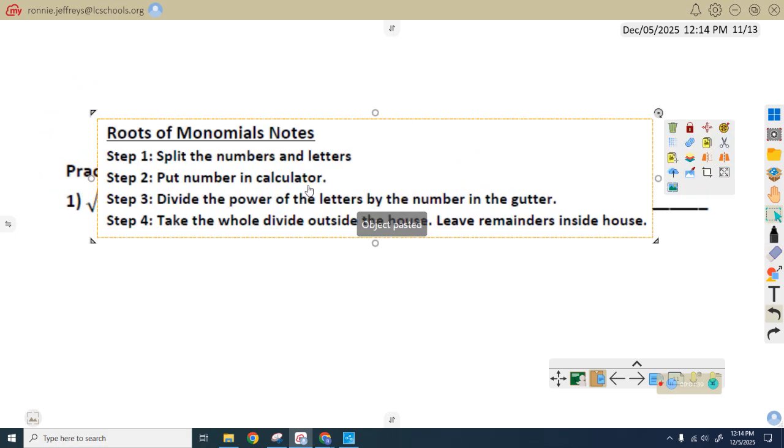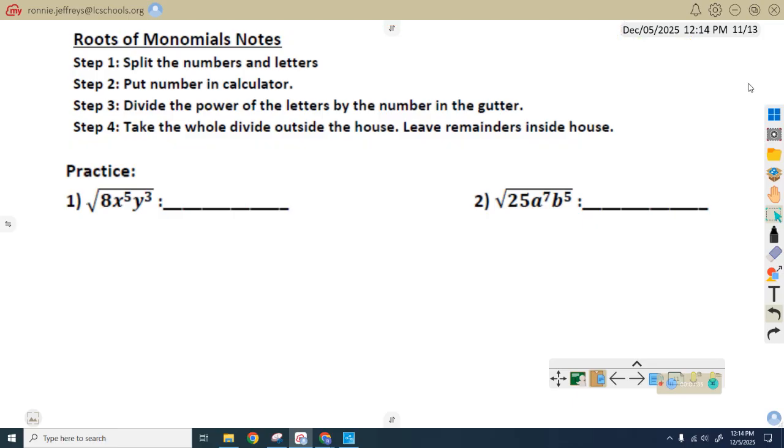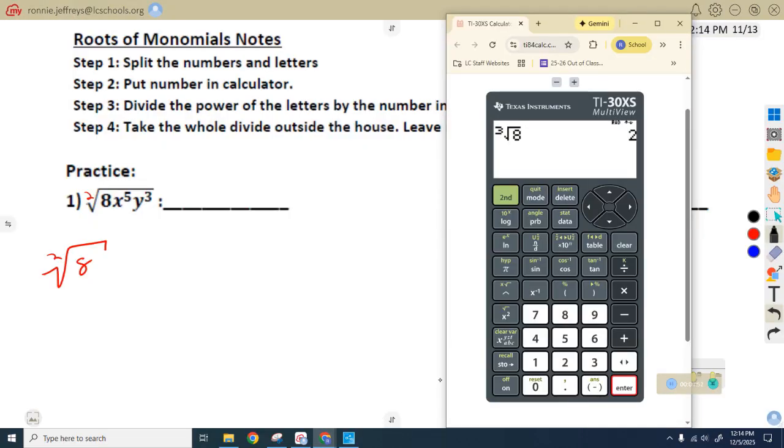So now we're going to go through these steps. So step 1, split the numbers from the letters. So this is understood to be a 2. So we're going to take the square root of 8. It says put number in calculator, so it's just a regular square root of 8.